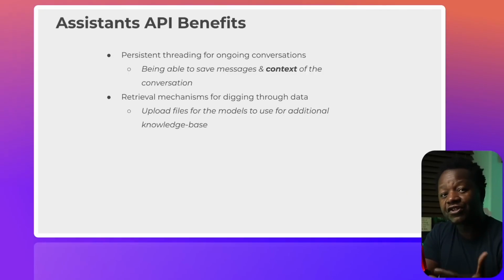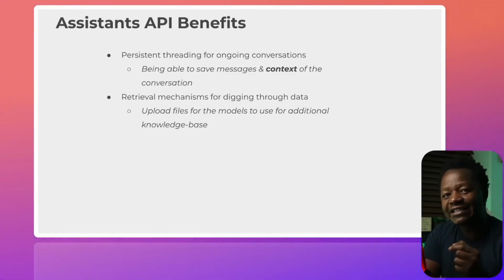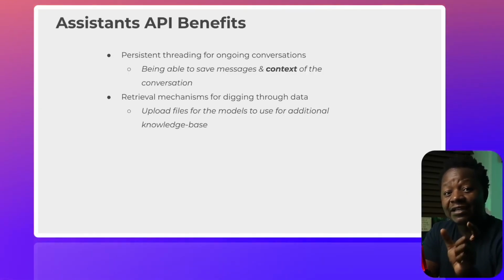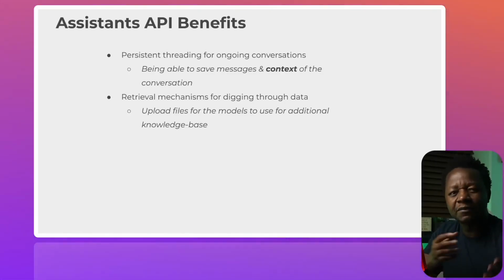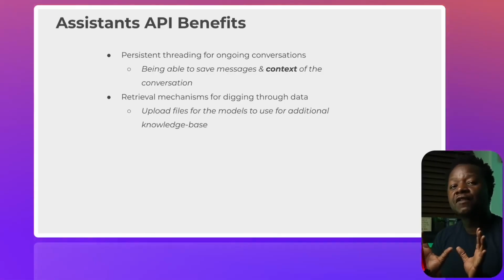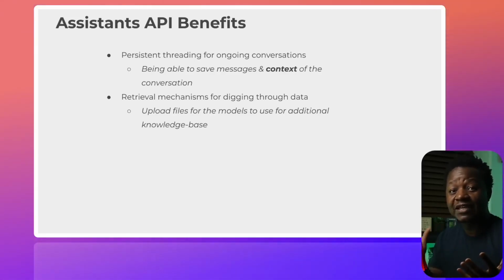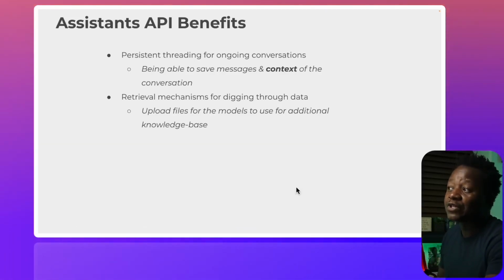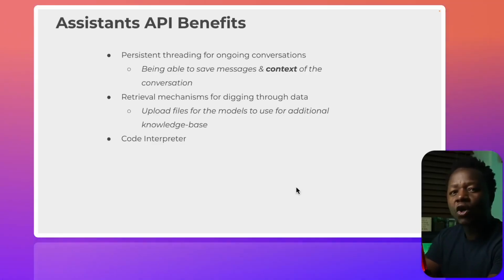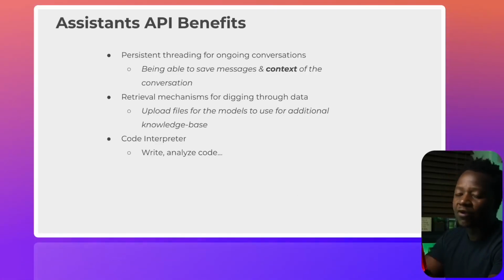That way you can converse with the large language model in addition to the knowledge that we just added by uploading certain files, documents, and so forth. So now we have a more flexible and more knowledgeable large language model because we are aiding it with retrieval mechanisms. It also has a code interpreter, so it can write and analyze code and do all sorts of things, which is amazing, as you will see, okay?